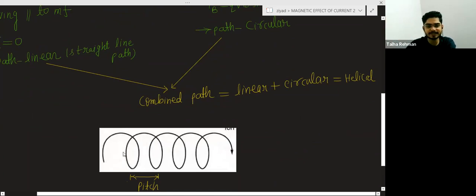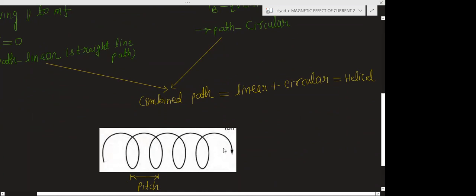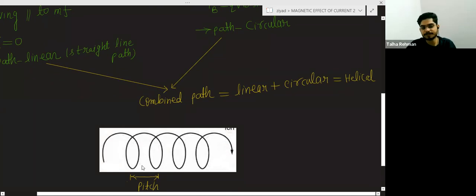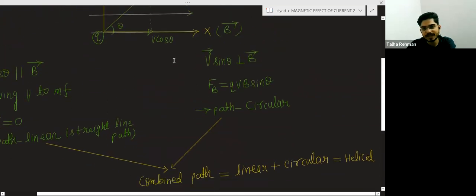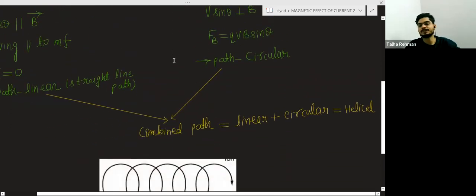This means you are moving like this, on a circle and also in a straight line. Now there is a term related to this helical path, that is pitch. Pitch is this distance. It is calculated as speed into time, since it is a distance. The speed in this direction is v cos theta, and the time is the time period of the charged particle for the circular motion.